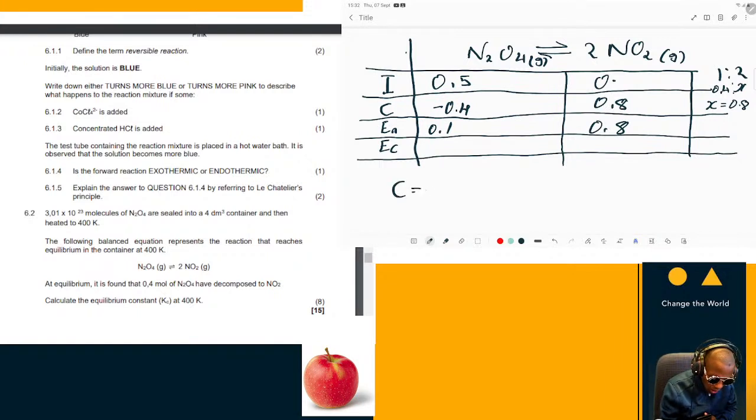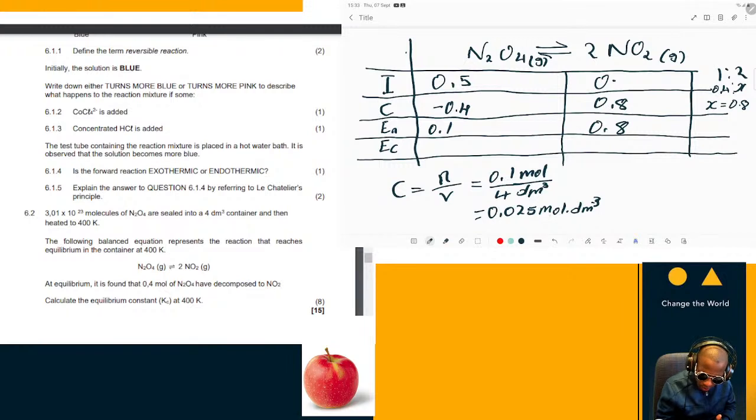The concentration is the number of moles over volume, so 0.1 over 4 is equal to 0.025. Yes, the unit is mole per dm cubed.